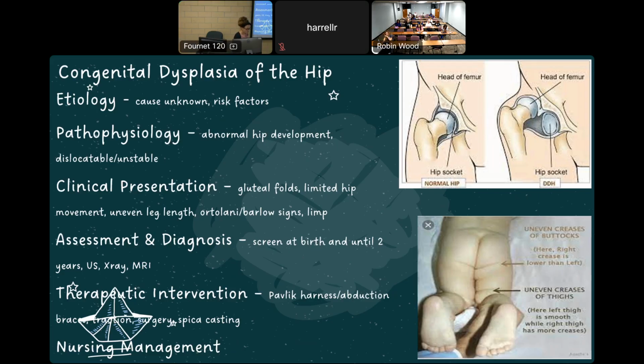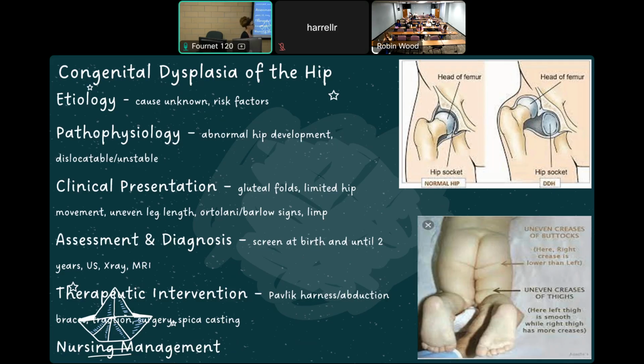So they'll use something called a Pavlik harness, I have pictures of all of these, or hip abduction braces. These have to be worn 24 hours a day for 3 to 4 months. Might also see Bryant's traction used pre-surgically or just trying to stretch that tendon.